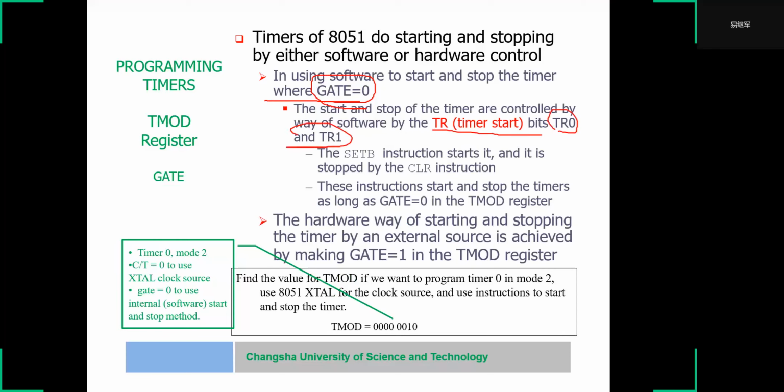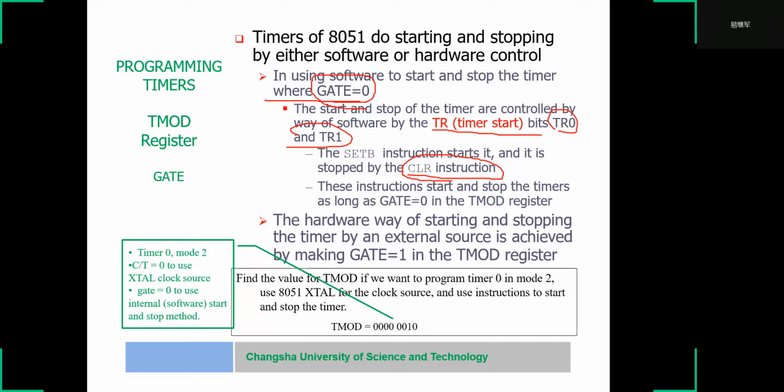The SETB instruction starts the timer and it is stopped by the CLR instruction, which means when TR0 or TR1 is equal to 1, the timer is running, but when TR is 0, the timer is stopped.